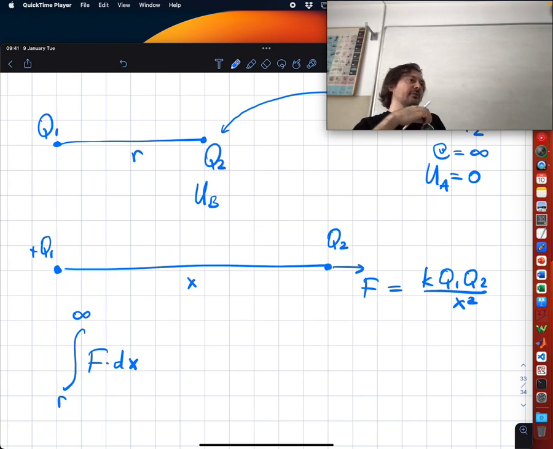The work you've done is on the system, but the work done by gravity is done by the system. In the case of electrostatics, when charges repel each other and go away, the system is doing work. When I'm considering what I am doing there, I'm doing negative work because I'm not letting it happen. Did you get it? Yes.